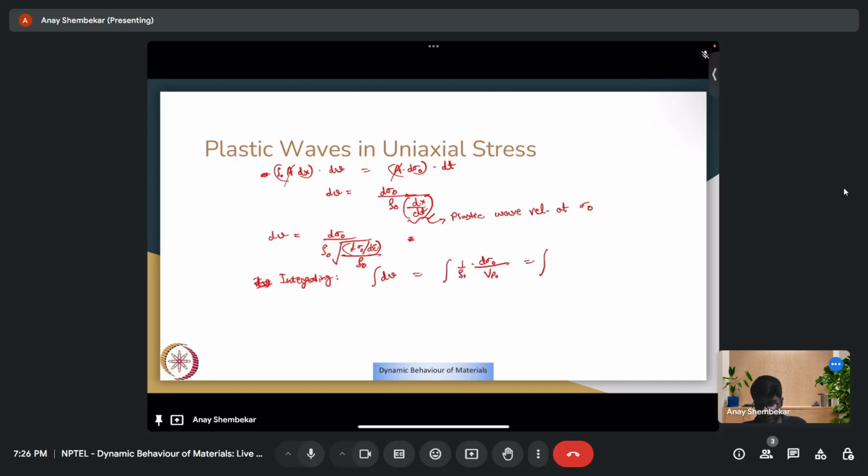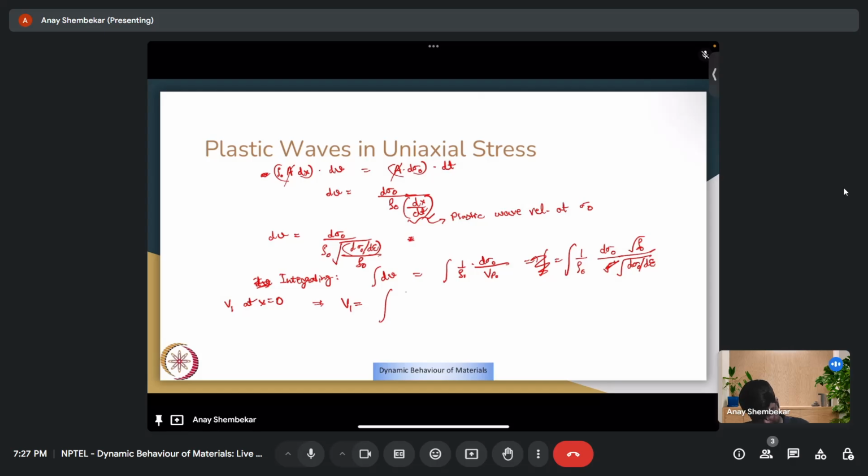This integral dv, if we take v1 at x equal to 0, gives you v1, and the other side is root of 1 by rho naught d sigma naught, plus the square root of rho naught will come above the root of d sigma naught by d epsilon.